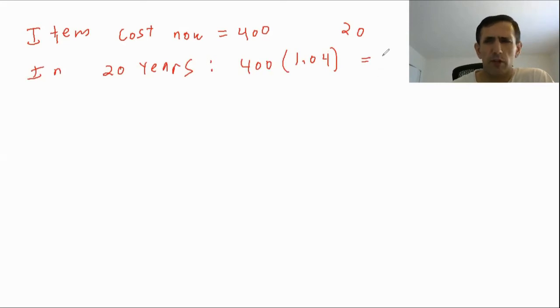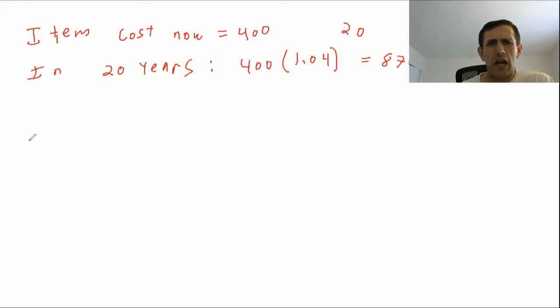So this is going to be 876.44926. So this is how much I need, $876.45. This is basically how much I need at the end of 20 years.